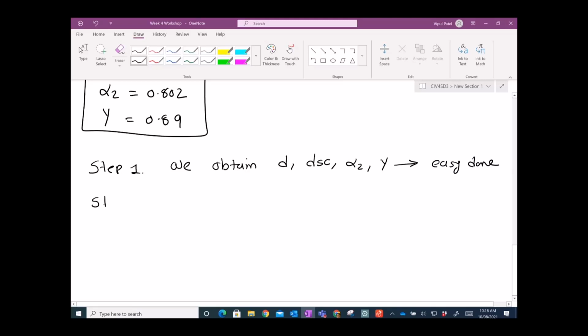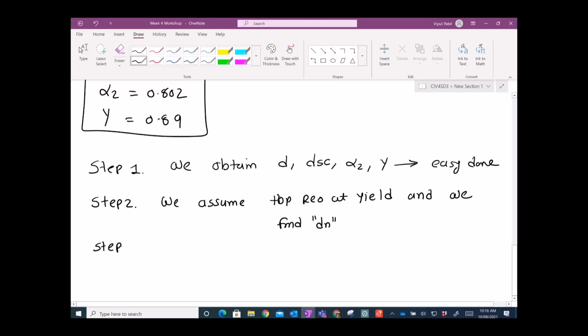So once you have done that, in step number 2 for the analysis, we assume that the top steel is at yield, and we find DN. If you remember, yesterday we did DN. We find that DN value. And then step number 3, we're going to check if the top steel is yielded or not.